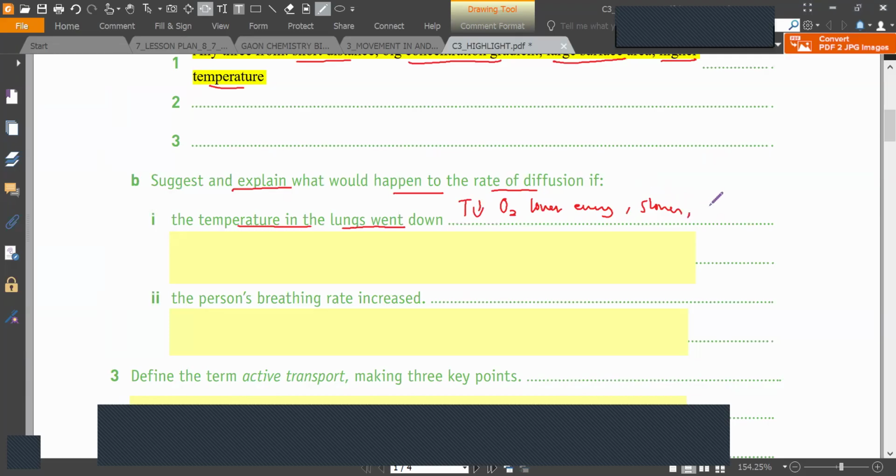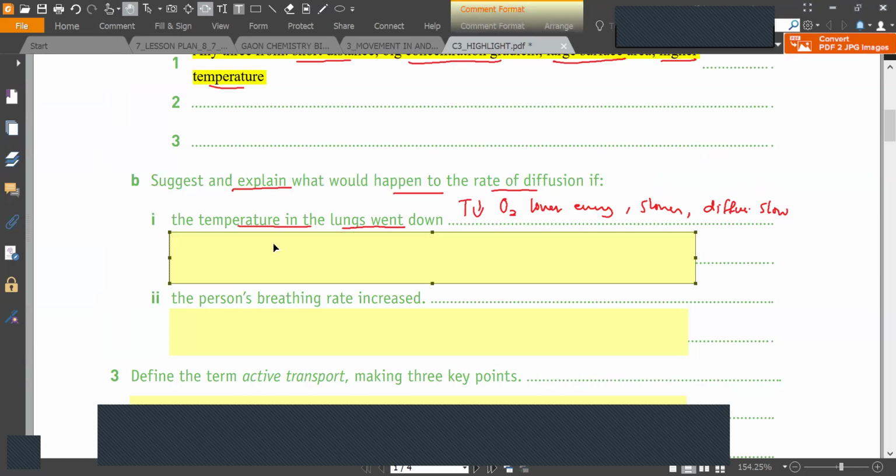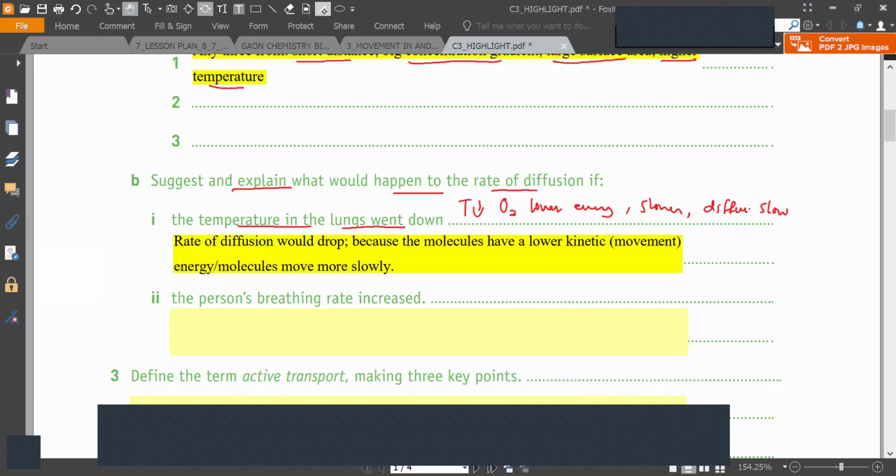So the diffusion will also slow down. That is the main point. The rate of diffusion will drop because molecules have a lower kinetic energy, moving more slowly.